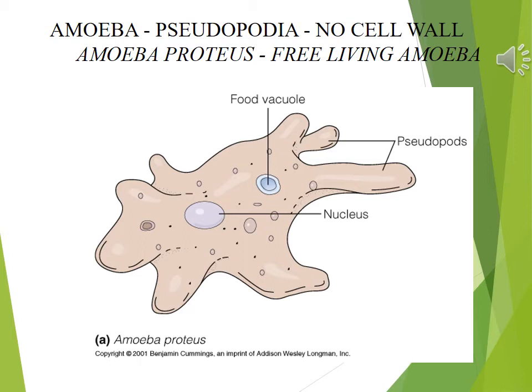Now there is something called as amoebic cyst. In environments that are potentially lethal to the cell, an amoeba may become dormant by forming itself into a ball and secreting a protective membrane to become a microbial cyst.